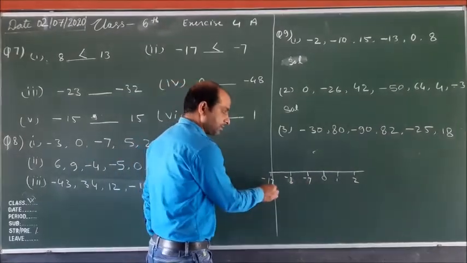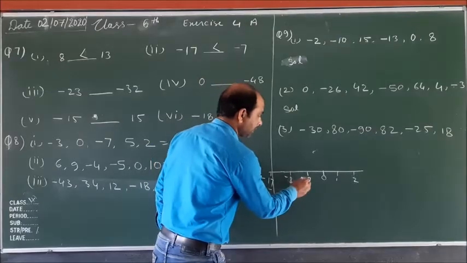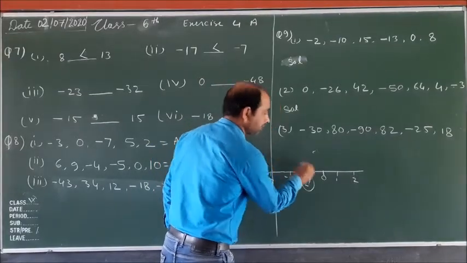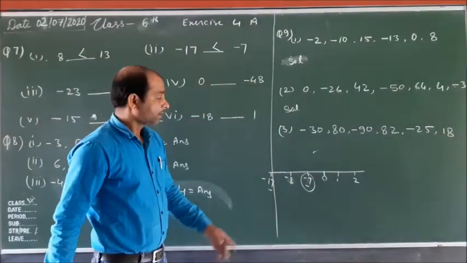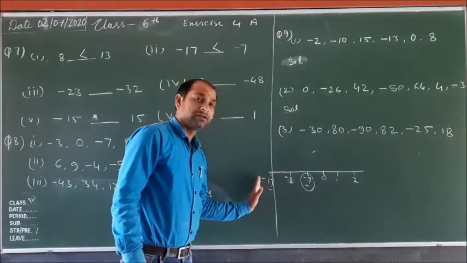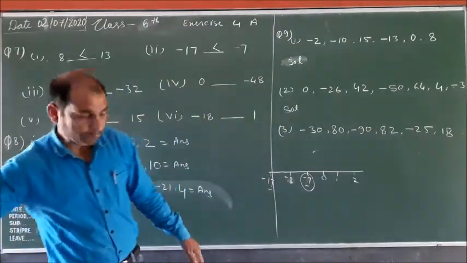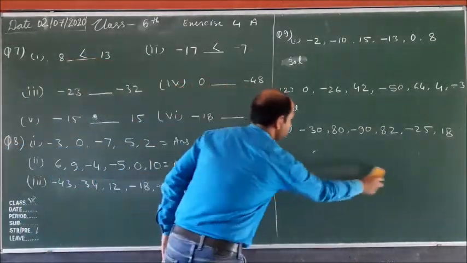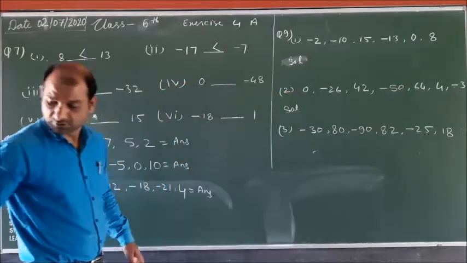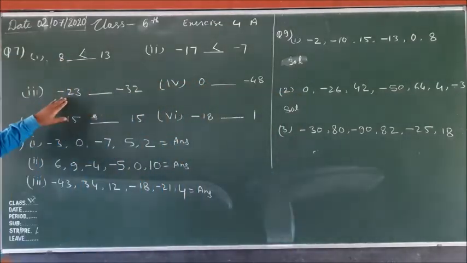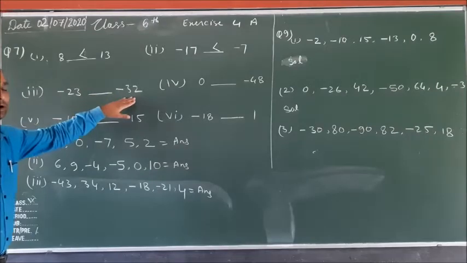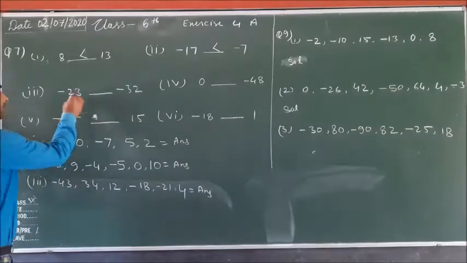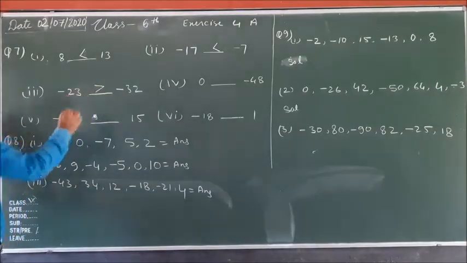Minus 17 is the smallest number and minus 7 is the greater integer, because this is written on the left hand side. So, my dear students, here also minus 23 and minus 32: minus 23 is greater.